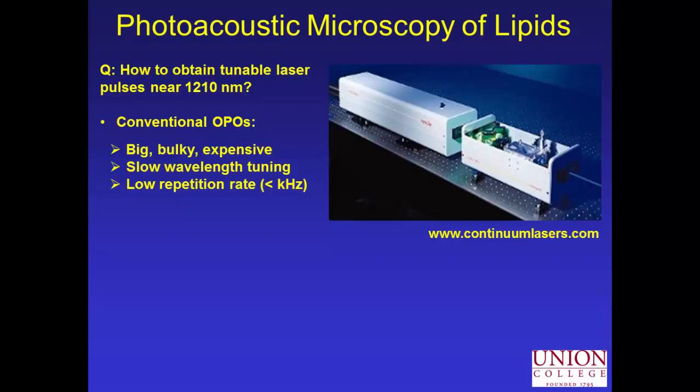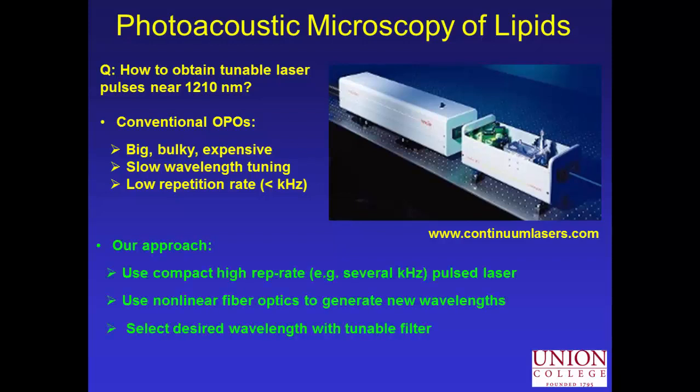For microscopy, we want higher rep rates for faster acquisition. So the approach that we have been hammering away at is to start with a compact high rep rate laser and then use nonlinear fiber optics to create the wavelengths that we want. And then you can use a tunable filter to pick the wavelength that you want for imaging.